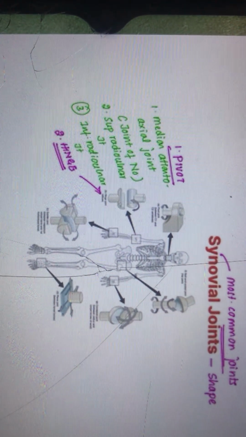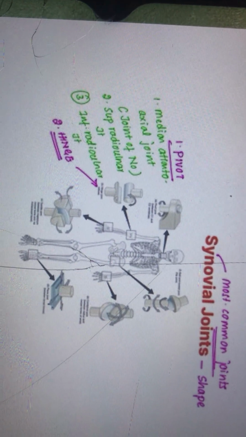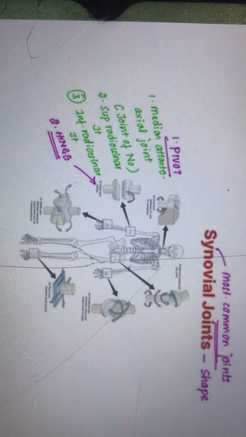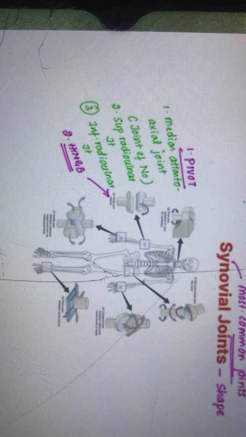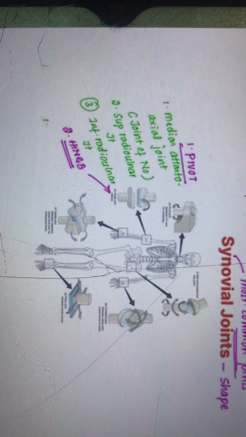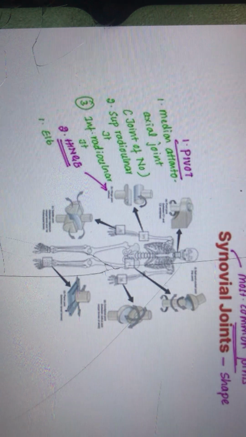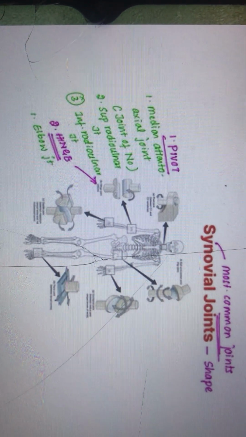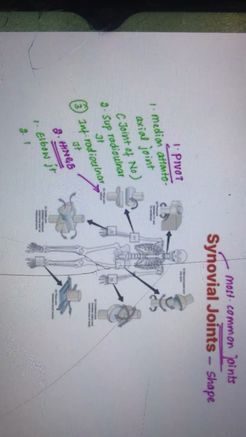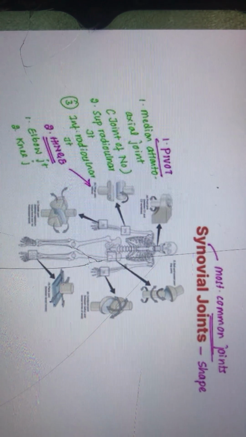So, hinge joints are such joints and they can be compared to the hinge of a door. Right? Now, what are the examples for hinge joint? Remember, the best example for hinge joint, the first one is the elbow joint, right? Apart from elbow joint, you can think of knee joint.